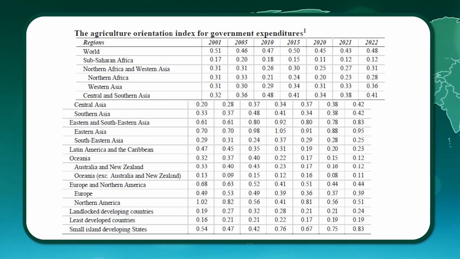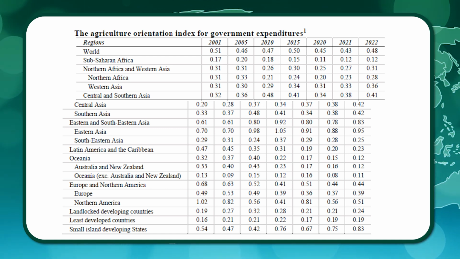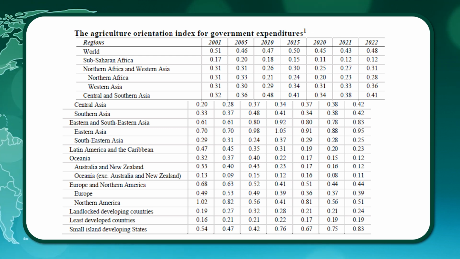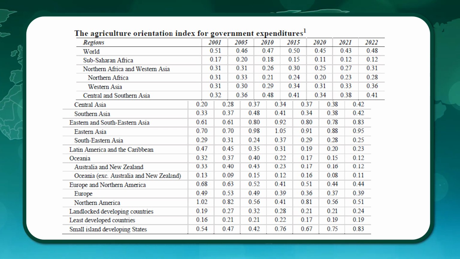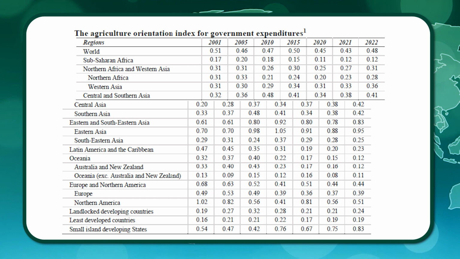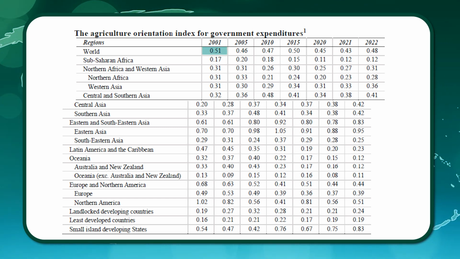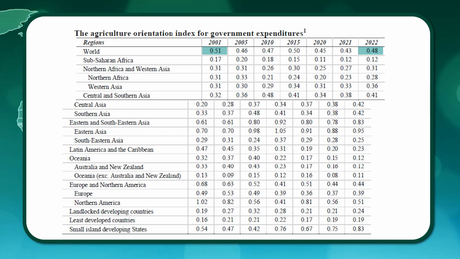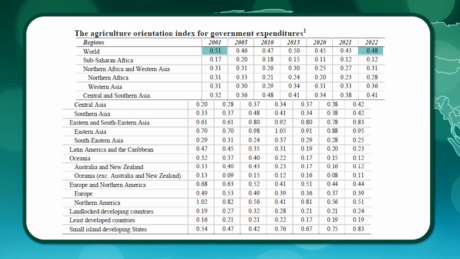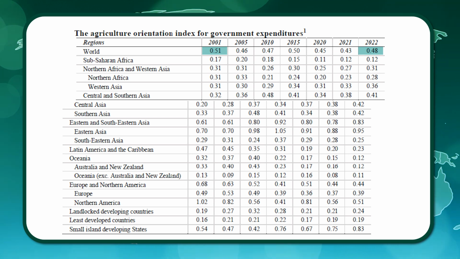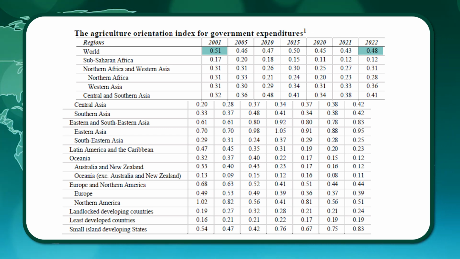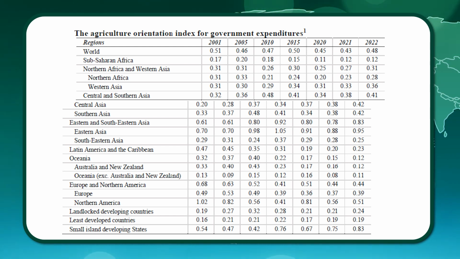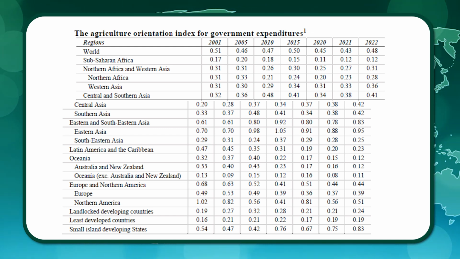When you look into the progress so far and the status, the global average of the agriculture orientation index for government expenditure is 0.51 in 2001 and 0.48 in 2022. When the agriculture orientation index is smaller than 1, it indicates that the share of government expenditure devoted to agriculture is smaller than the GDP share of the sector.